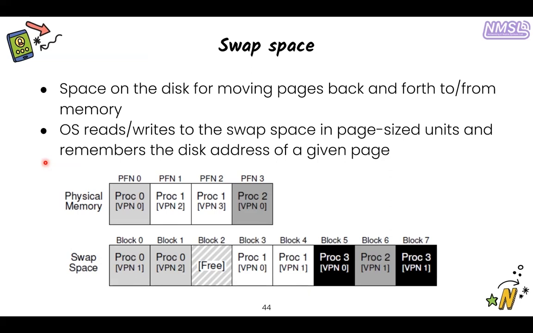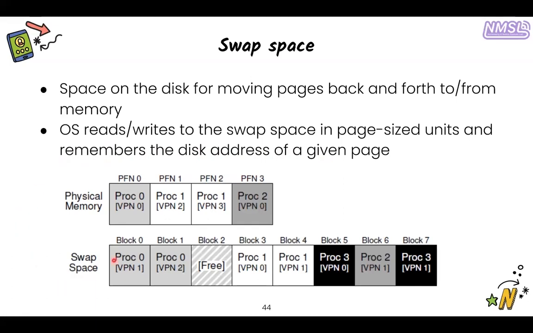So there's a memory and there's a swap space, and a swap space is part of a disk. The OS reads and writes from and to the swap space in a page size unit. And of course, it now needs to remember the disk address of a given page.